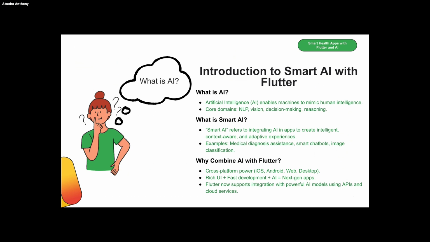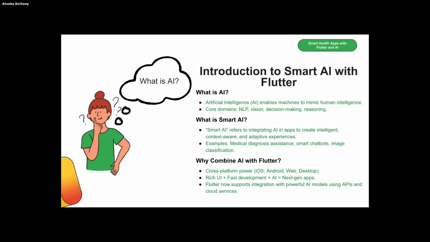What we are trying to build is smart apps using AI, and we are doing it with Flutter. The reason is how fast Flutter is, the rich UI, the fast development, the whole support that Flutter gives, and how performant Flutter applications are.